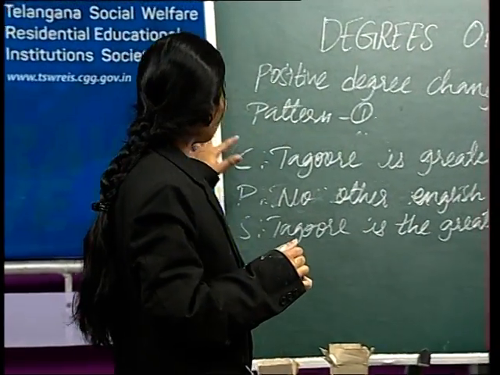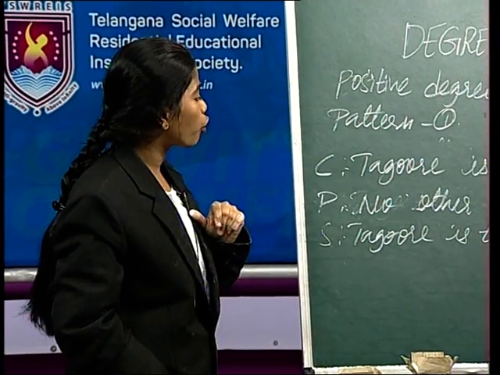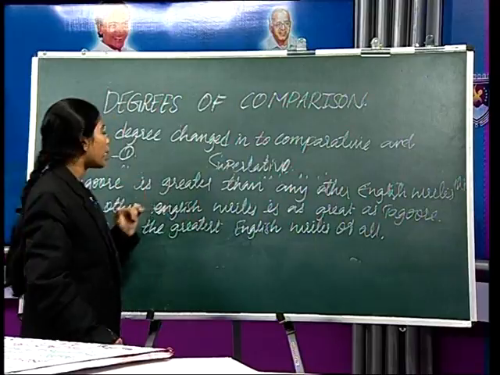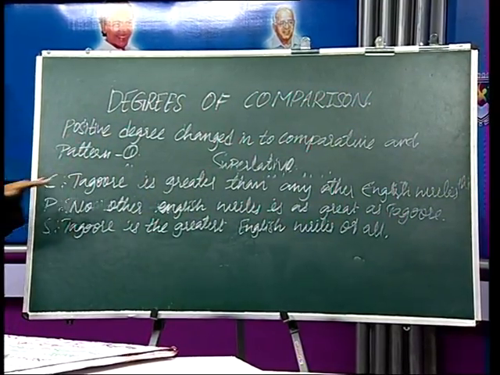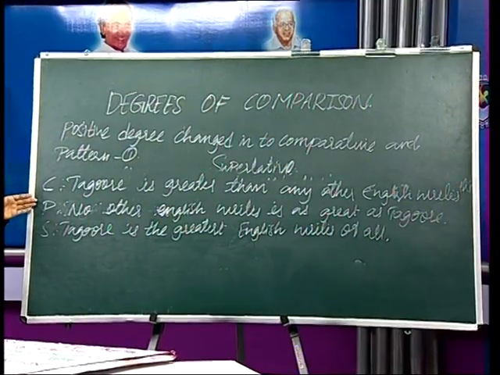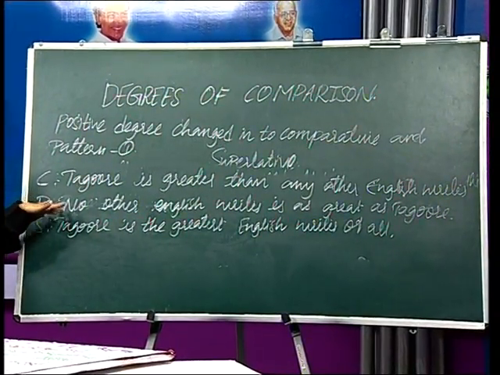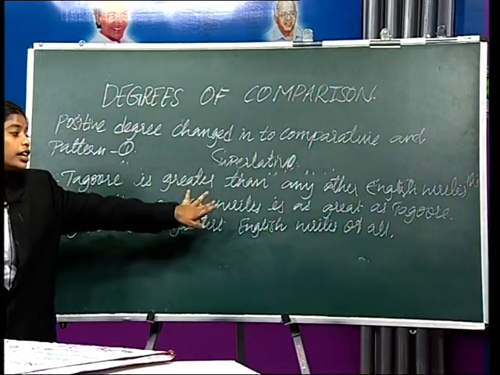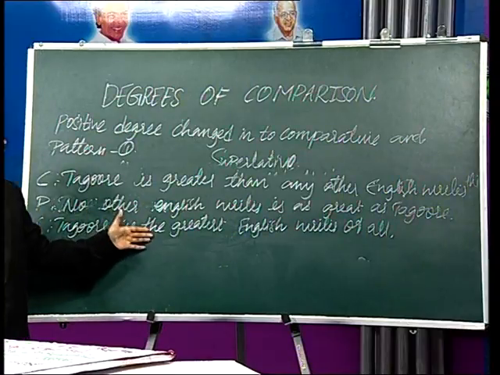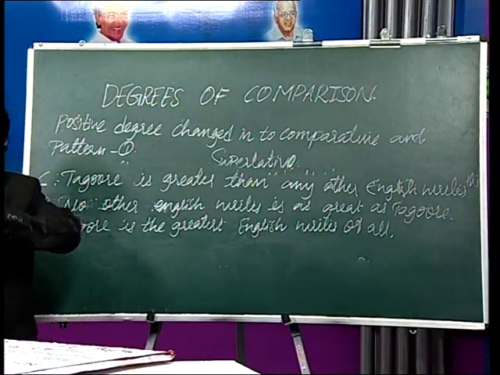So friends, let us observe: in the comparative form, Tagore is greater than any other English writer. Here it is in the comparative form, and we change this sentence into the positive form, that no other English writer is as great as Tagore. And in the superlative form, Tagore is the greatest English writer of all.